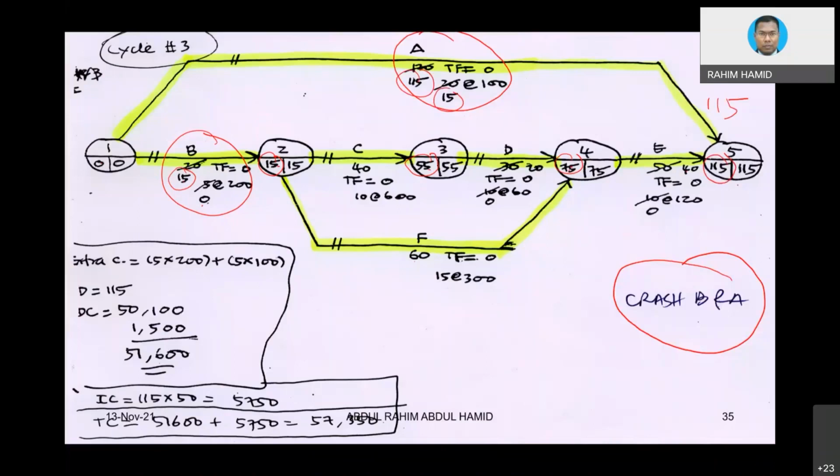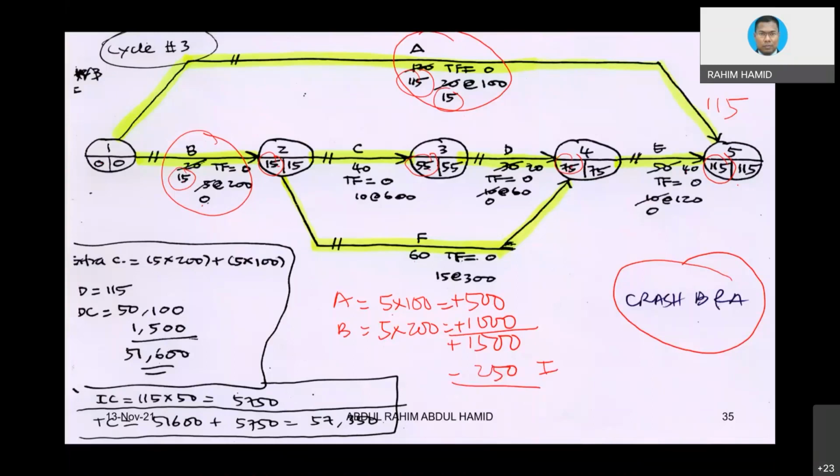So I am able to crash activity 5 more days, and the additional cost would be equivalent to, there are two activities, A, 5 times 100, which is 500, B, 5 times 200, okay, 1,500 plus, but then I need to minus 50 times 5, 250. This is what we call indirect costs.